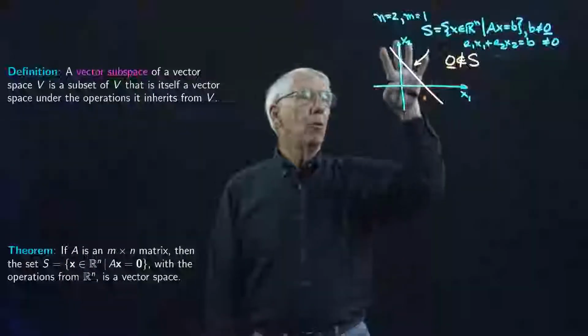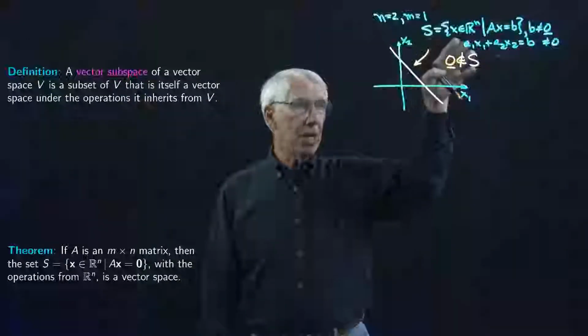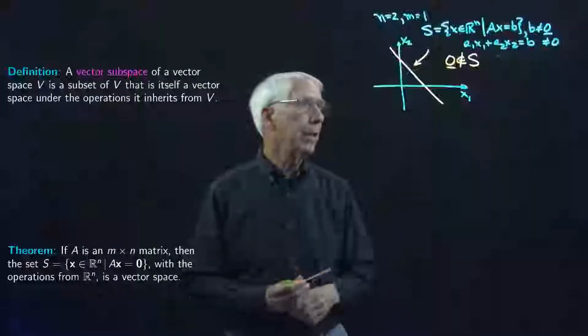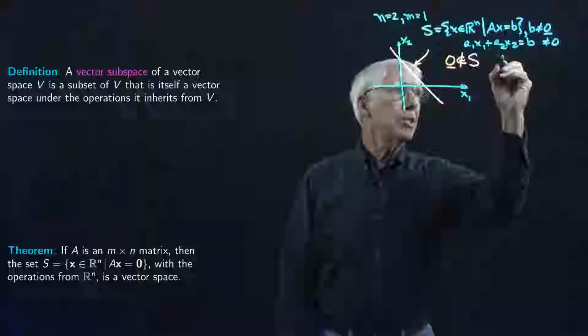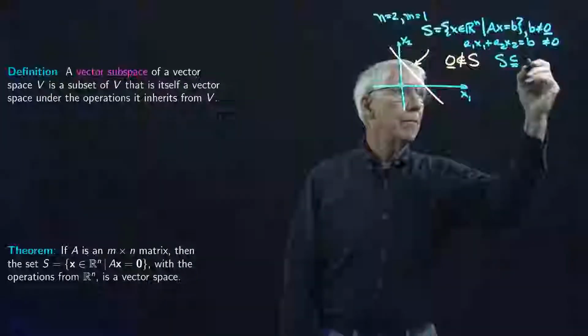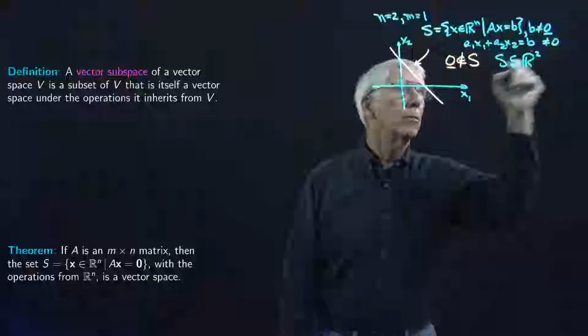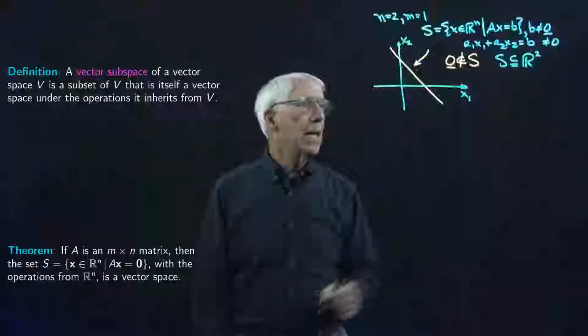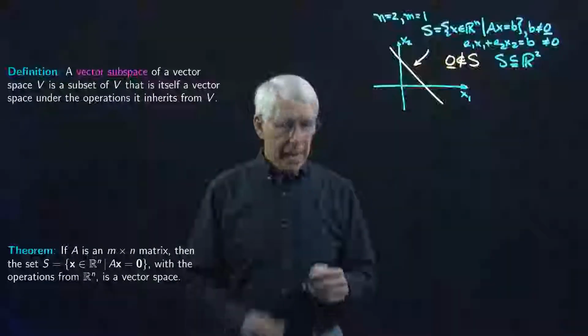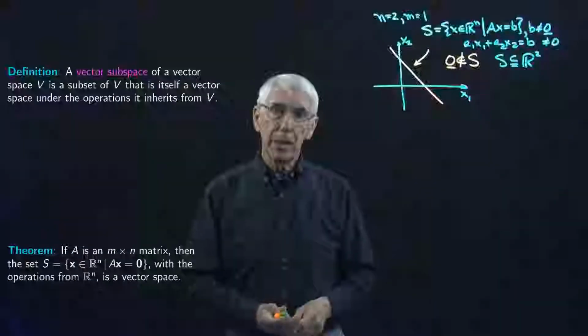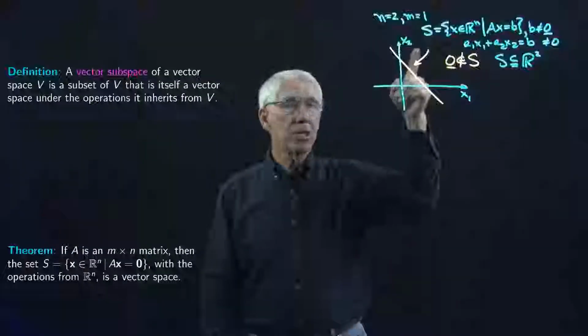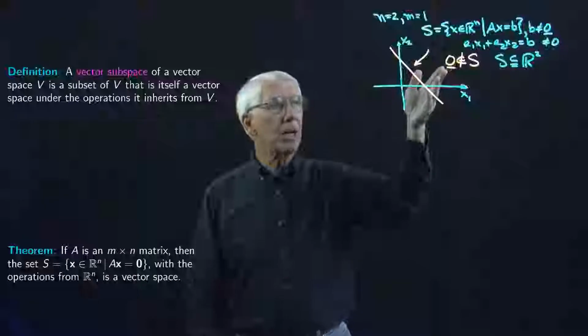So here we have a subset. Let's write that in here. We have S is a subset of the vector space R2, of course. It doesn't contain the origin, and that's enough, it turns out, to tell me that this is not actually a subspace. It's a subset, but it's not a subspace.